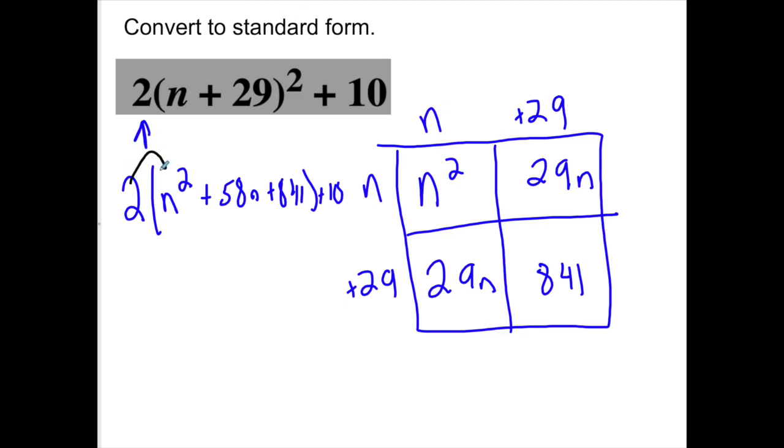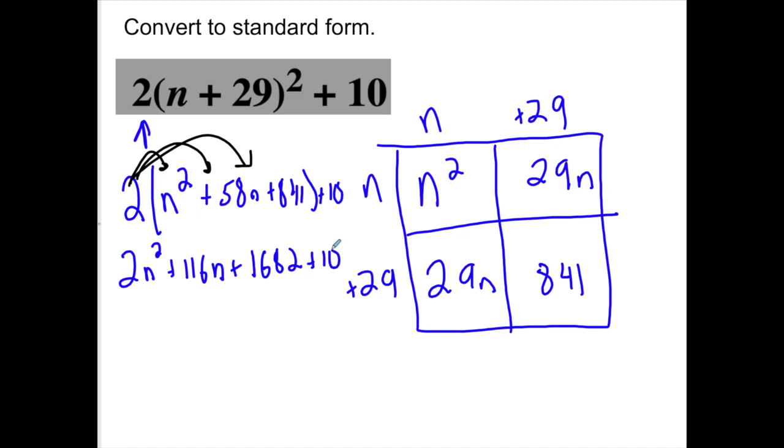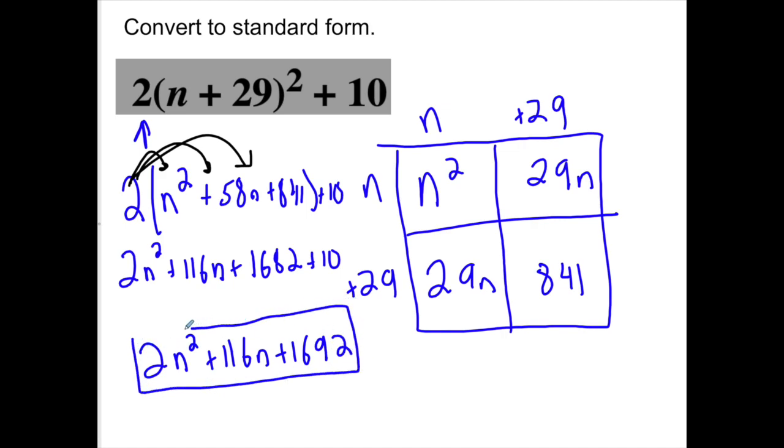Okay, now we distribute. Boom, boom, boom. 2n squared plus 116n plus 1,682 plus 10. And then finally combine: 2n squared plus 116n plus 1,692.